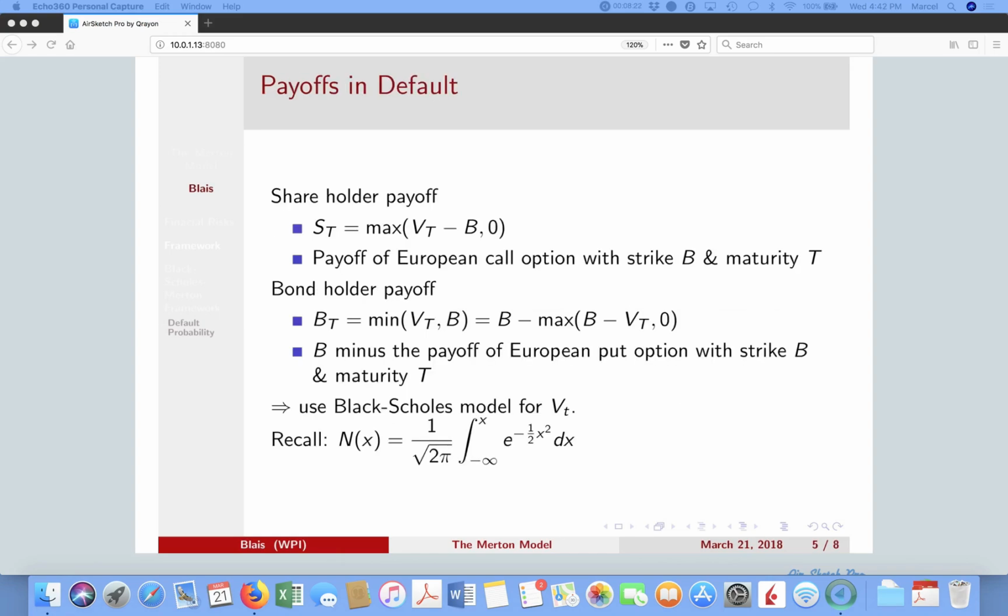So what does this look like in default? First, let's address the shareholder. Well, remember, if the company is able to make its payment, so remember, no default was the case where V_T was bigger than B. So if there is no default, then V_T minus B, the equity left over after the company made its payment to bondholders, this is what the equity was worth.